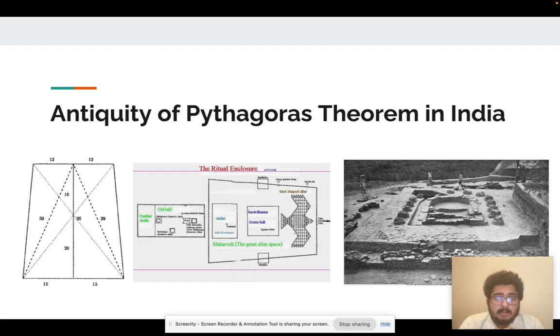Now, this is a very special kind of Yagyavedi, which is called the Mahavedi, which is used in Vedic Yagya. In modern day, when you look at yagya, what we see is a square havan kund in which yagya is done very simply.